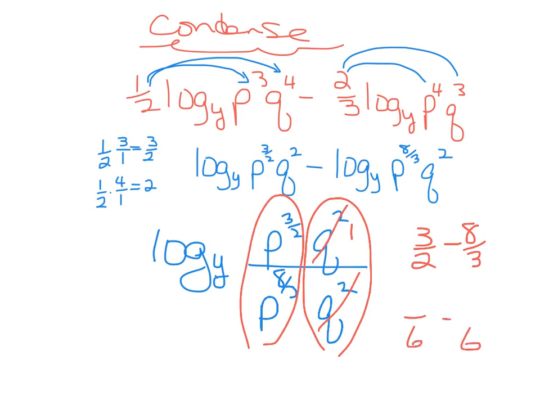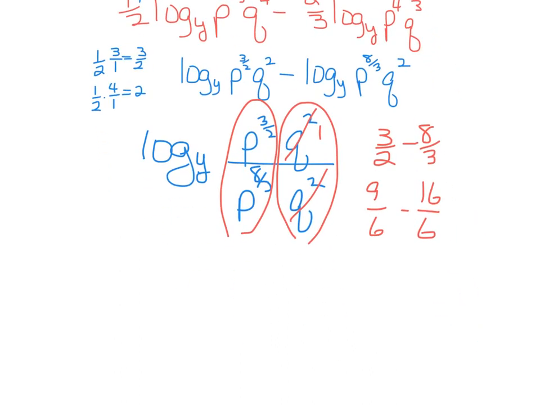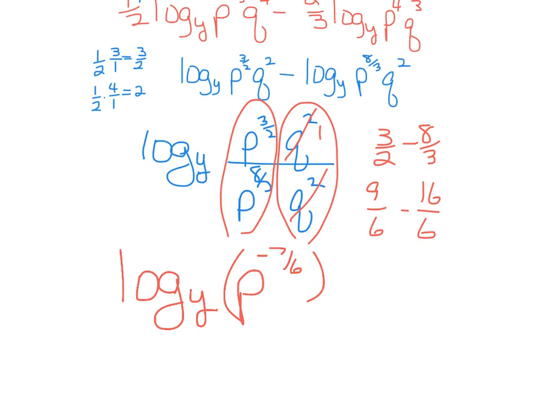It's going to be 6. So this would turn into 9/6, and this would become 16/6. And then my new simplified log is going to be log base y, p to the negative 7/6 power. And that would be your final answer.